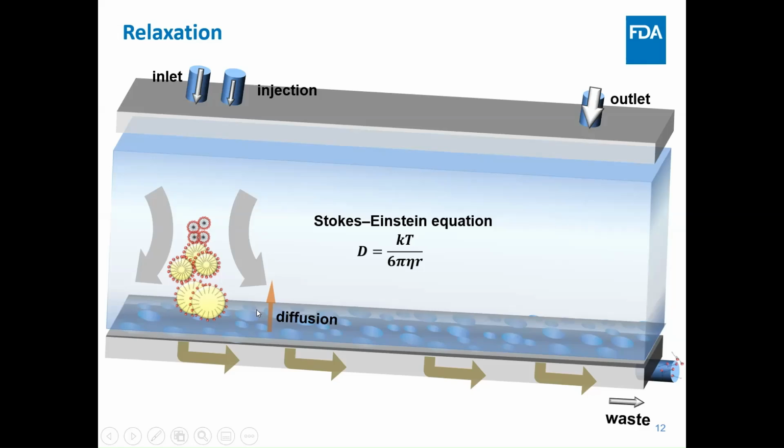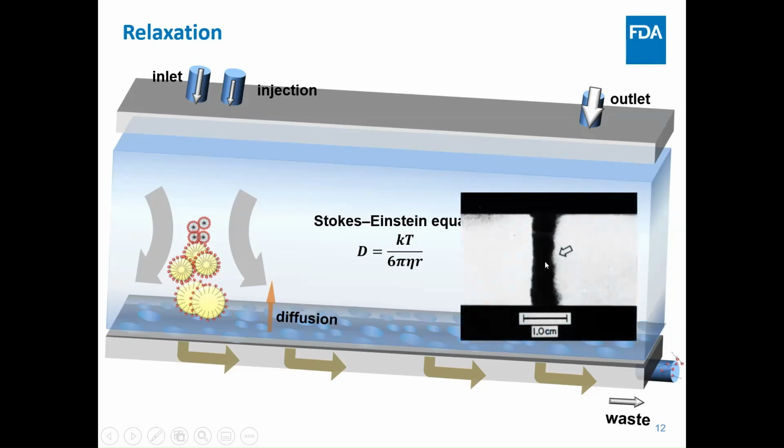And here I show you a picture of that when we inject a color sample into the channel. As you can see, during the focus and then the injection step, the sample is confined into this very narrow band, and the elution will start after that. So this is the big difference compared to column chromatography.